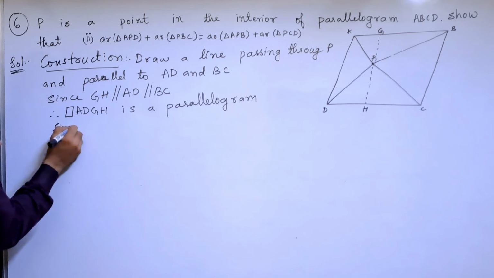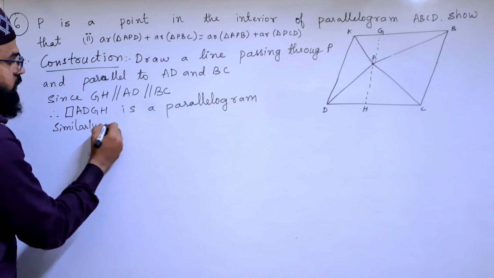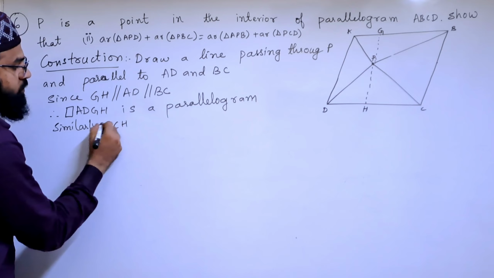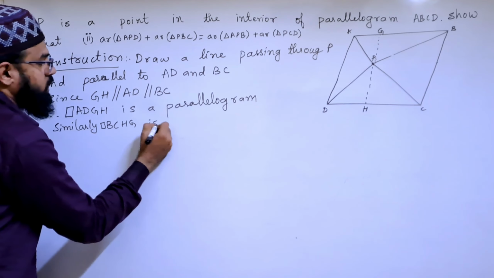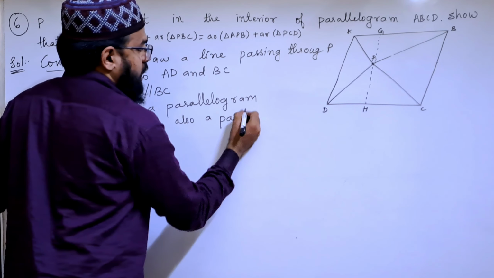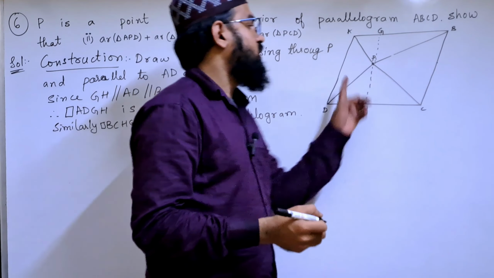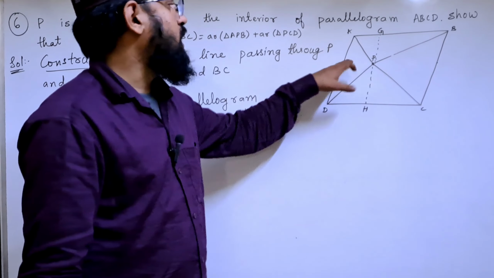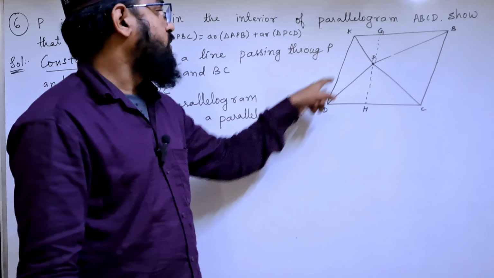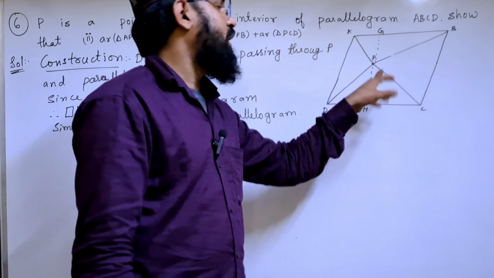Similarly, we can prove BCHG is also a parallelogram. Now we have these two parallelograms. In the first one there is a triangle on the base AD. So the base is AD and the parallel lines are AD and GH.